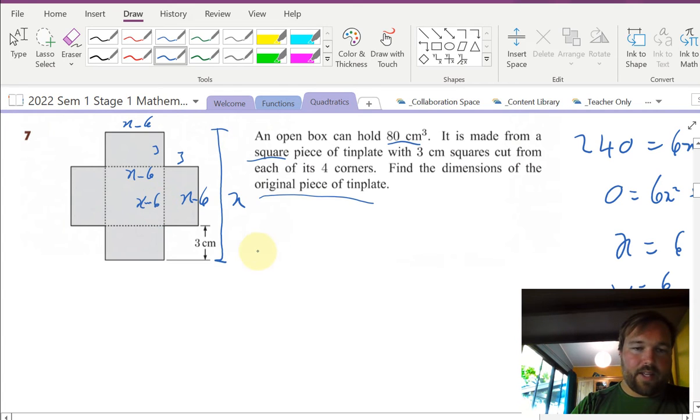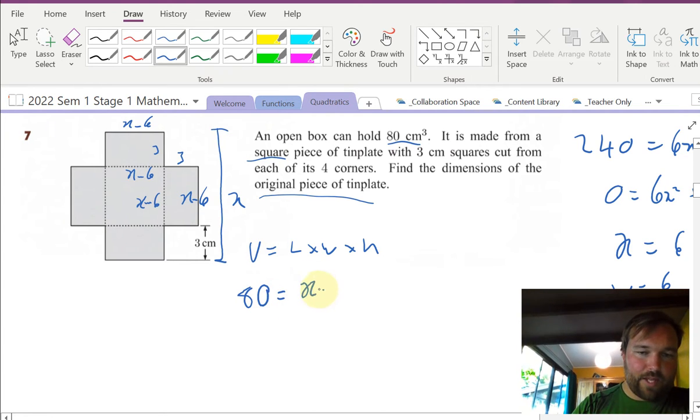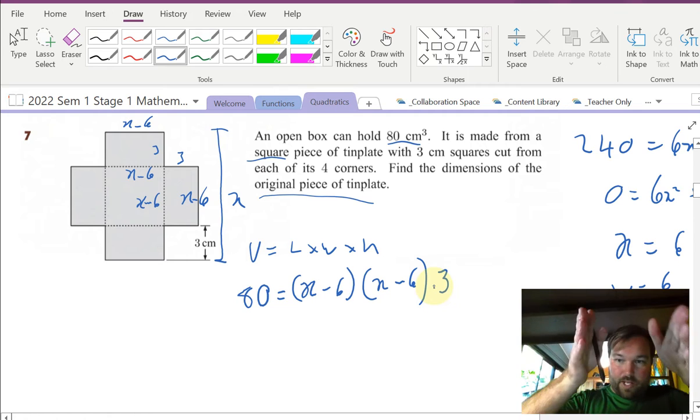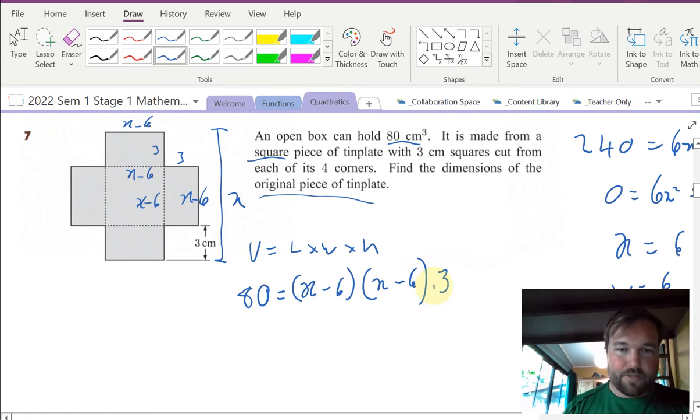I would say that is the volume is length times width times height. The volume is 80, and the length of this box is x takes 6. The width of this box is also x takes 6, and its height is 3, because when it folds up, it makes a 3 high box.